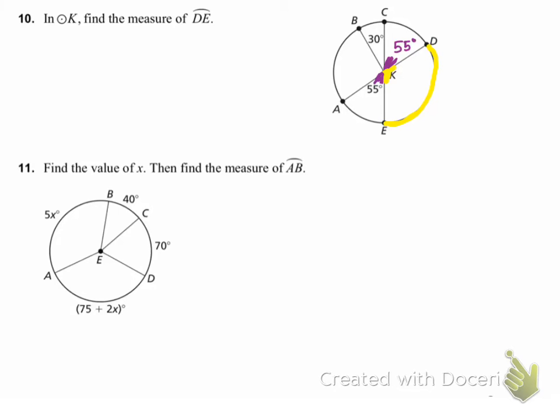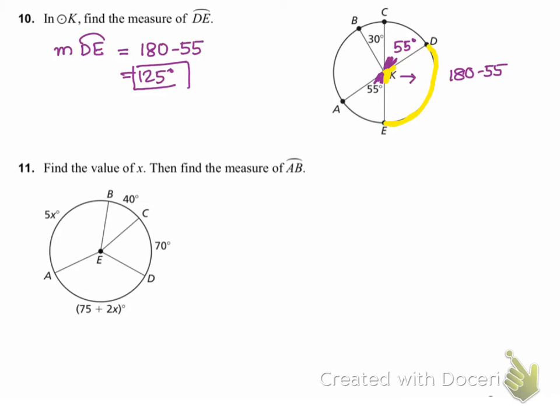And CE passes through the center, so CE is the diameter. So this angle is going to be 180 minus 55. Let's do that. The measurement of arc DE is 180 minus 55, and that's going to be 125 degrees.